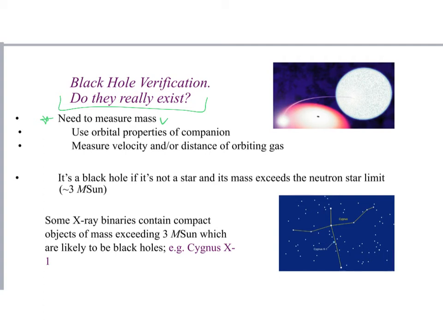There are places where it doesn't seem like there's anything out there in space, and yet we see the effects of that huge mass coming from a tiny, tiny volume.